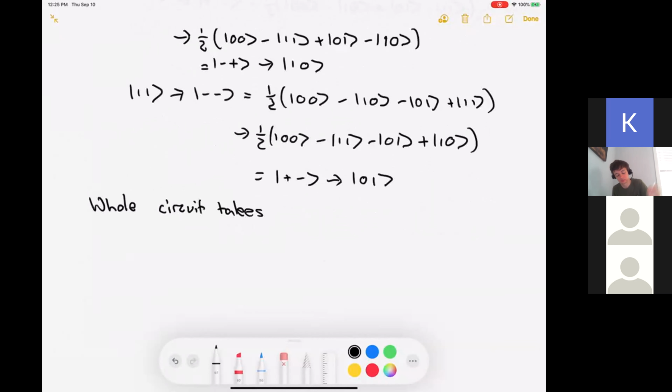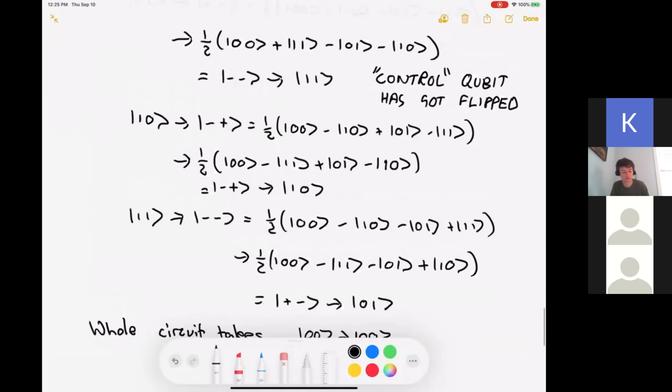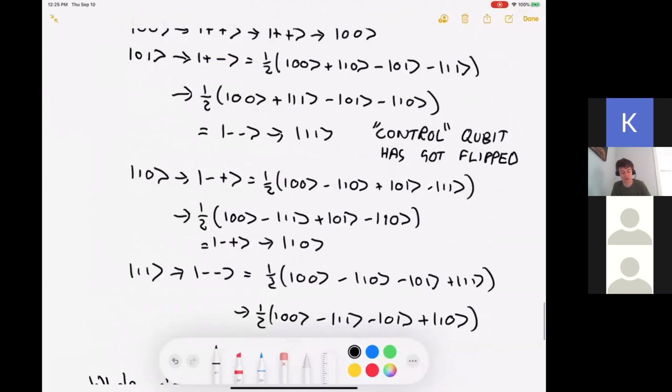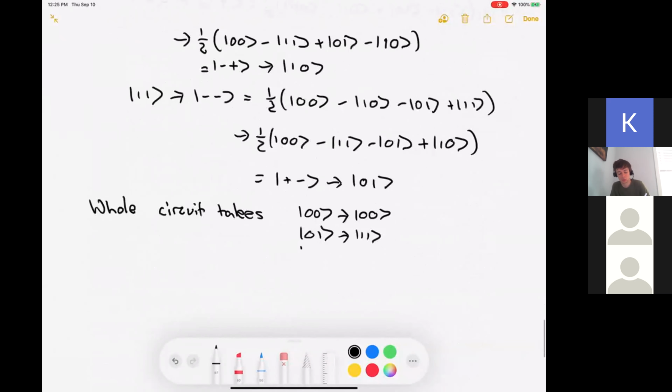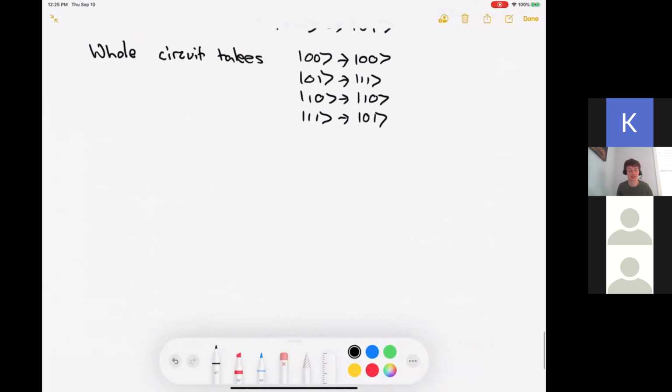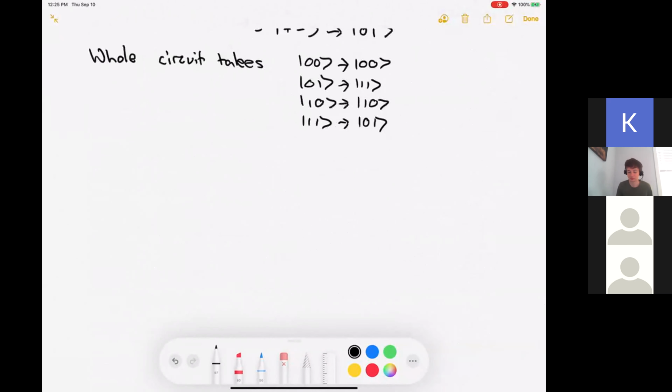So this whole circuit takes 0, 0 to 0, 0. 0, 1 to 1, 1. 1, 0 to 1, 0. And 1, 1 to 0, 1. There's a name for that circuit. What is it?